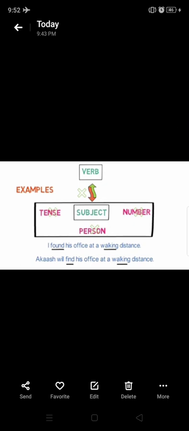So today we would be learning more about non-finite verbs. In our last class, we have learned that non-finite verbs do not show any tense, nor do they show any agreement with the person or number.